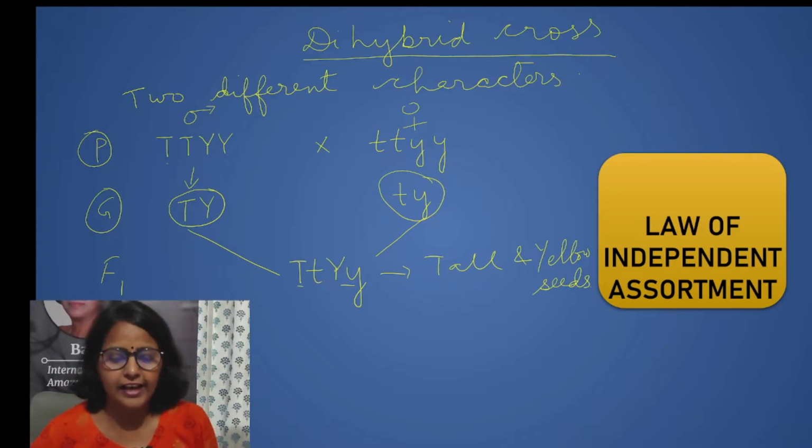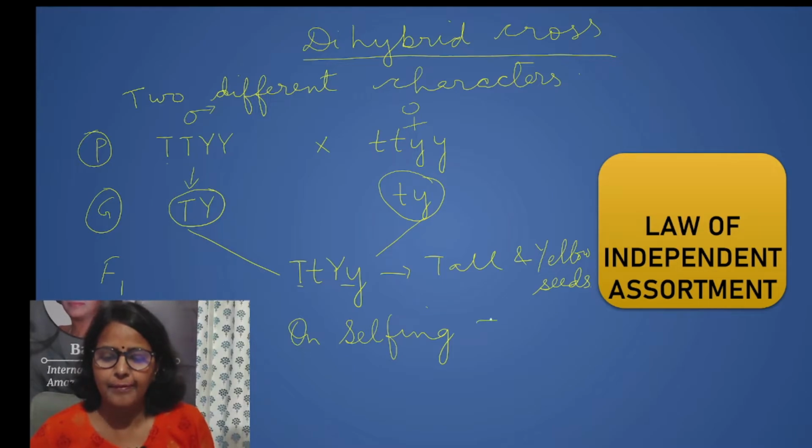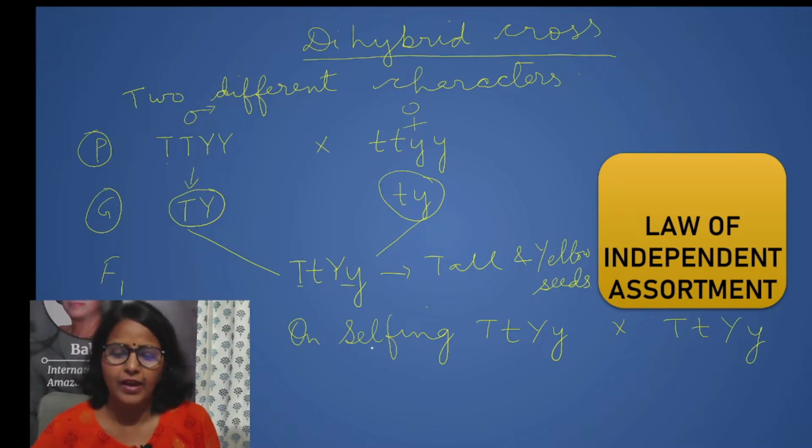Now on selfing, what will happen? Capital T, small t, capital Y, small y into capital T, small t, capital Y, small y. How many types of gametes will be produced?